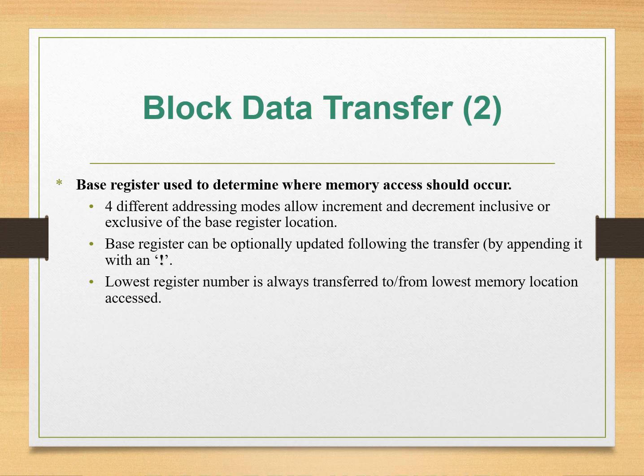The lowest register number is always transferred to or from the lowest memory location accessed. If you select, for example, R0, R3, R5, R6, then R0 will be at the lowest memory location to be accessed.